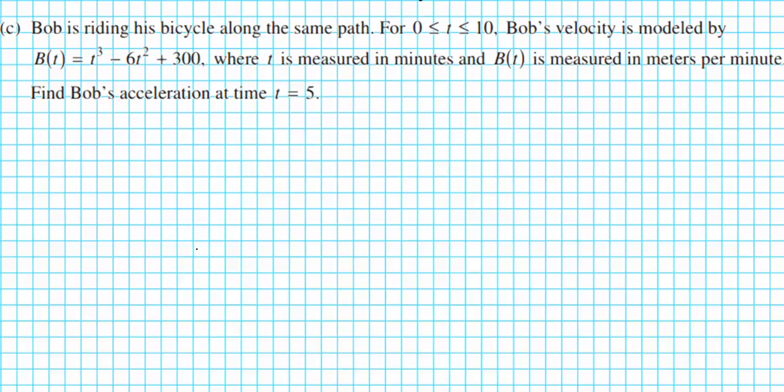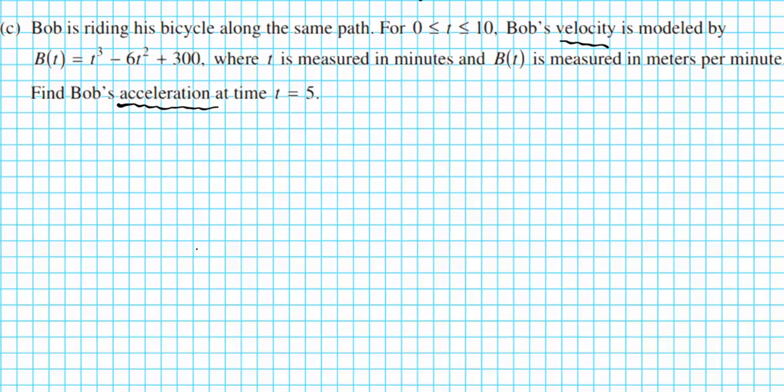Okay, one thing you want to note for the FRQ on the AP Calculus exam is that a lot of the parts are not related to the previous part. Sometimes they are, a lot of times not. This question has nothing to do with Joanna. So this is an entirely different problem. What we're looking for here is acceleration. What is the connection between velocity and acceleration?